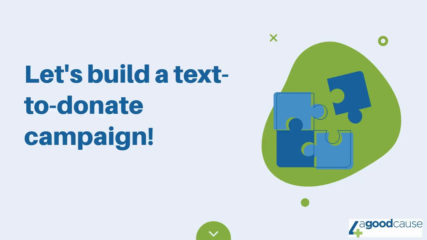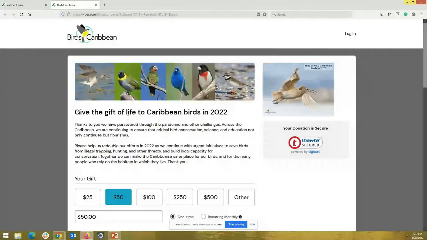All right, we're going to jump into For a Good Cause and enable a text to donate campaign. So I'm going to share my screen. And you should see that I'm sitting on a donation page from a client of ours, Birds Caribbean.